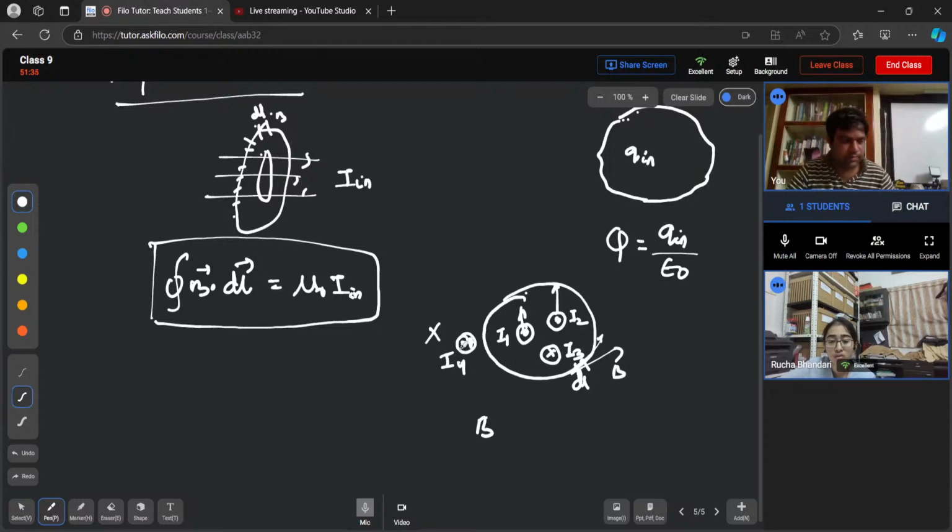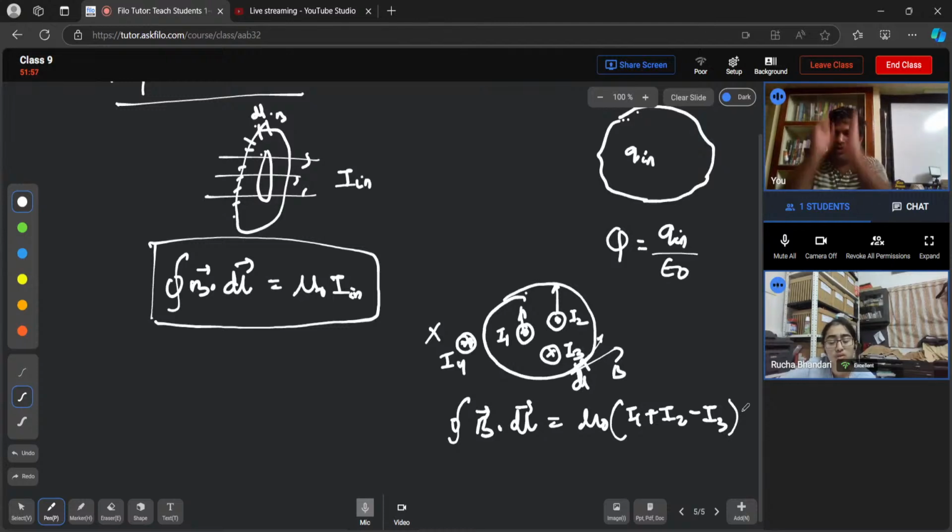So the integral of B dot dl is mu naught times I1 plus I2 minus I3, the net current. Two currents are in one direction and one current is in the opposite direction, so the opposite current creates an opposite magnetic field, which reduces the field. The net field will be affected by the opposite current.